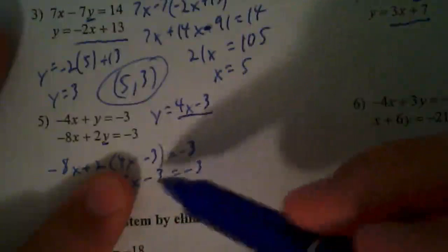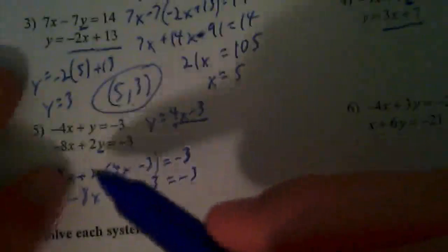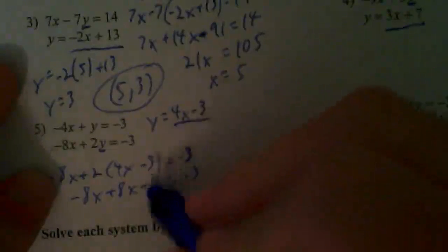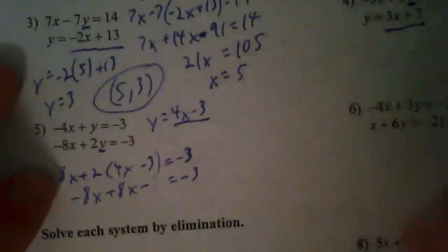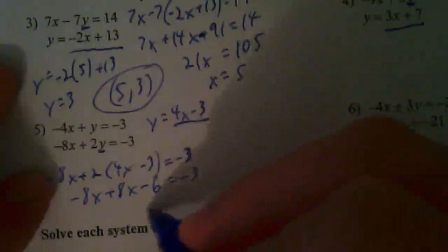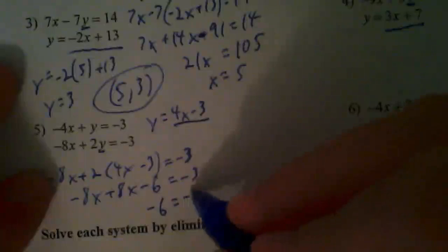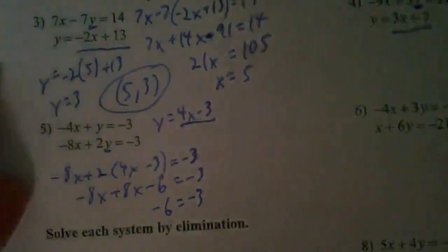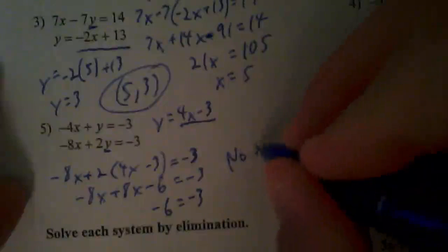But, distributive property, don't forget to distribute that 2 to both parts, because then this is not negative 3, it would be a negative 6. So when I cancel these off, negative 6 equals negative 3. That's not a true statement, so that means that there is no solution.